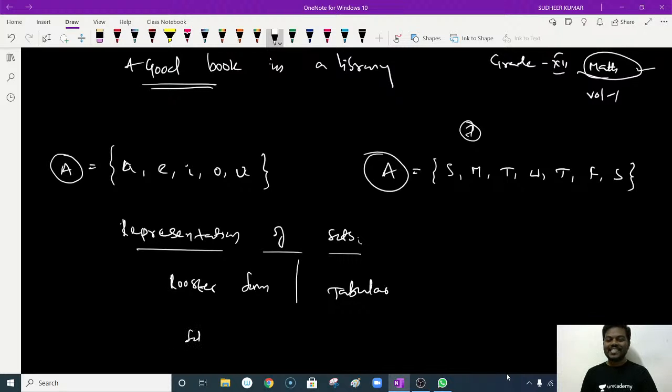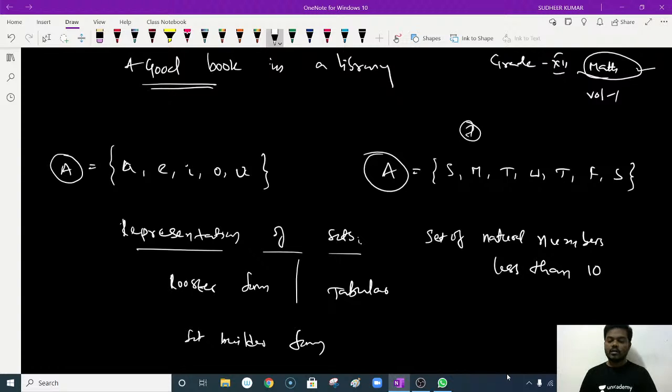Another one is set builder form. What is meant by roster form? Suppose you want to write the set of natural numbers less than 10. So if you want to represent the set of natural numbers less than 10.